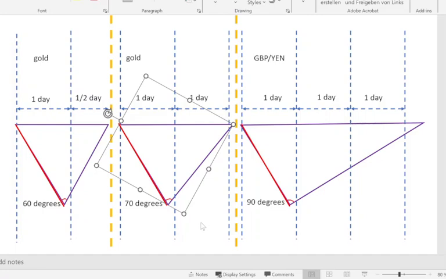This means you don't have to wait so much until the price reaches the initial point where it started to go down. So in this case, we know this edge, we know how long this edge is, we know this degree here, it's 70 degrees most of the time.